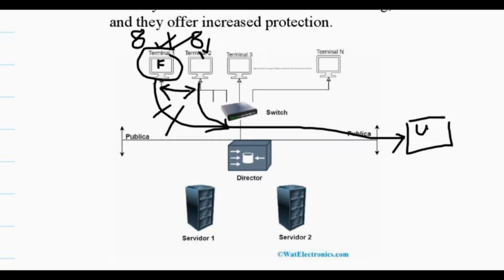Now, extend the idea a bit. Say our terminal 1 is a 128 core processor machine. So you can obviously embed n number of 128 core machines into your cluster computer.